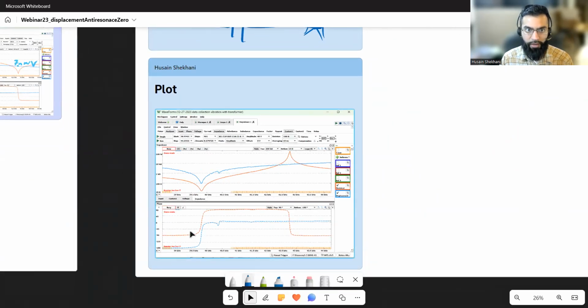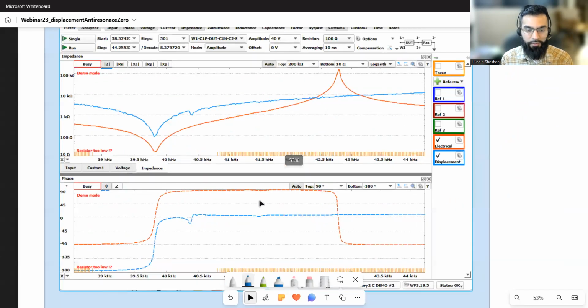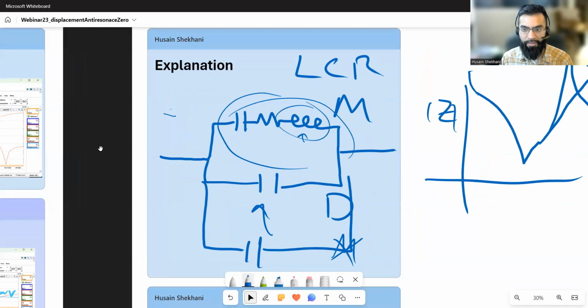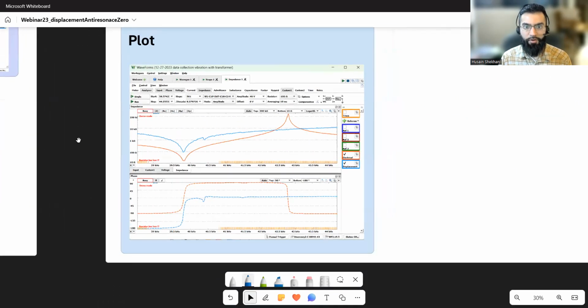This is what is shown here, where the displacement in blue is not affected at all by anti-resonance, because the anti-resonance is caused by the capacitive behavior of the transducer. It doesn't affect the mechanical resonance phenomenon.